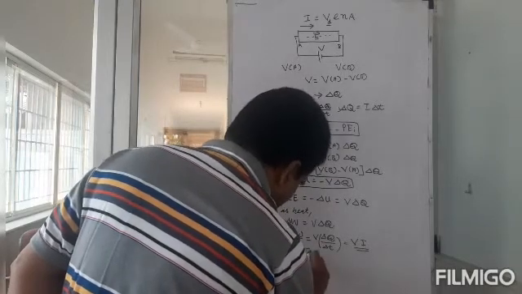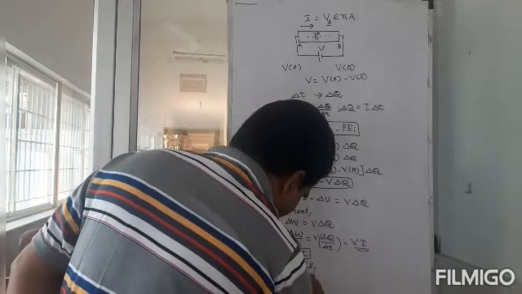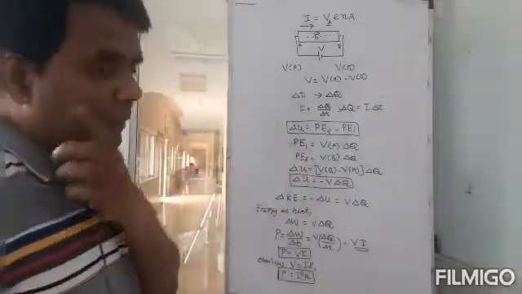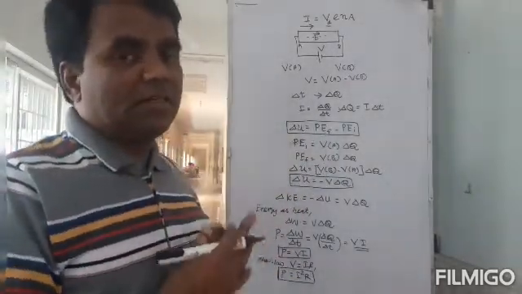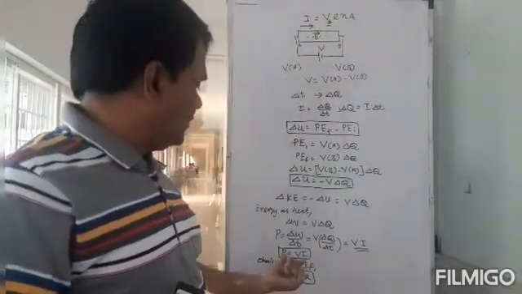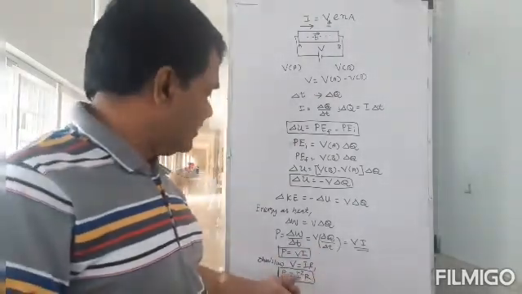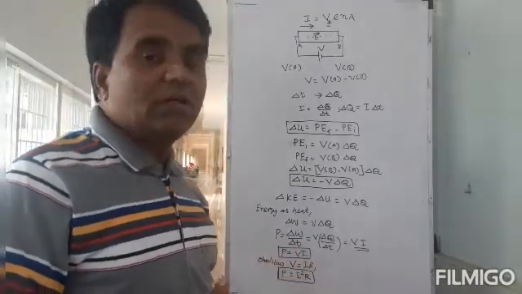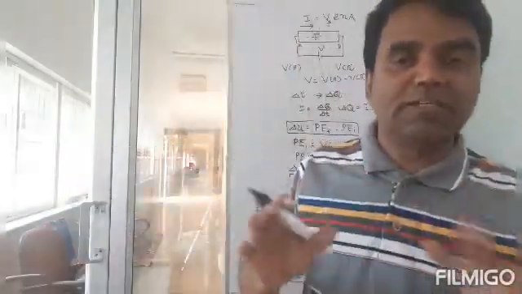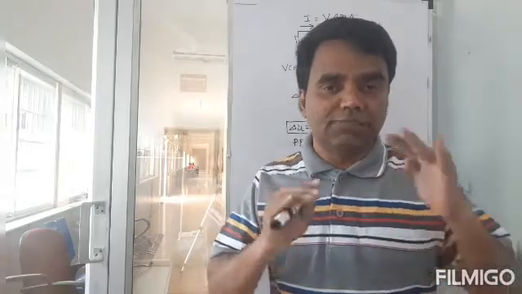So this equation becomes I squared R. So what we understand here is that when a current I is flowing through a conductor, then the power loss is equal to VI or I squared R. It's very simple. Even though I've explained it in great detail now, it's very, very simple. Pay attention to these few lines.